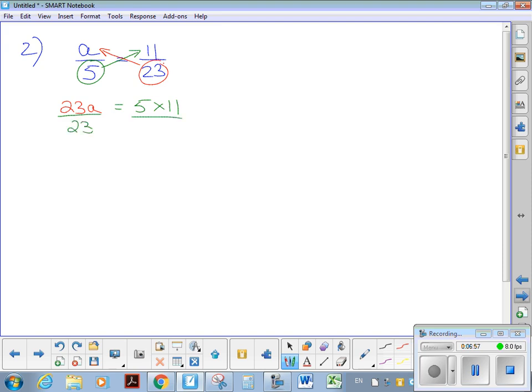So divide by 23. 23 divided by 23 becomes a 1. It disappears. We have 5 times 11 is 55 over 23. And for those that are using your calculators, it is 2.4. Okay? So that finds the missing value in your ratio or proportion.